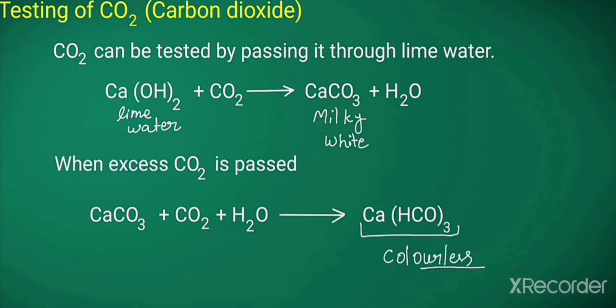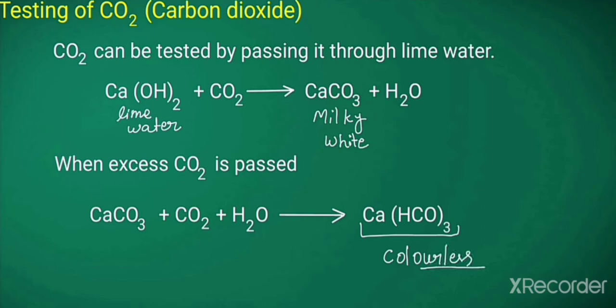Excess of carbon dioxide, when you pour more carbon dioxide into that, it becomes colorless. Means how will you test whether carbon dioxide is present? On the basis of calcium hydroxide, which is lime water. It reacts with carbon dioxide. There is a formation of calcium carbonate, CaCO3, plus water.